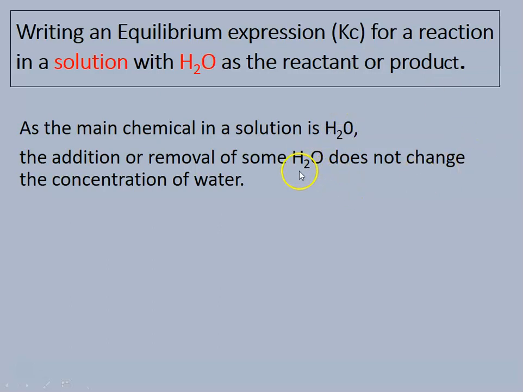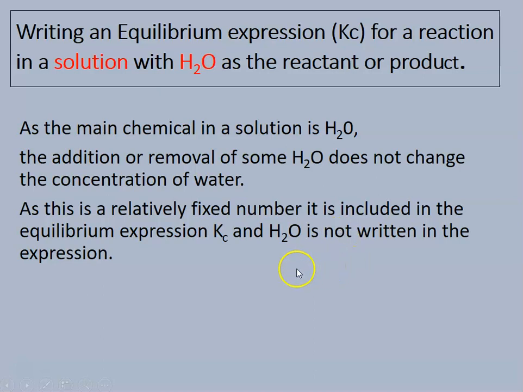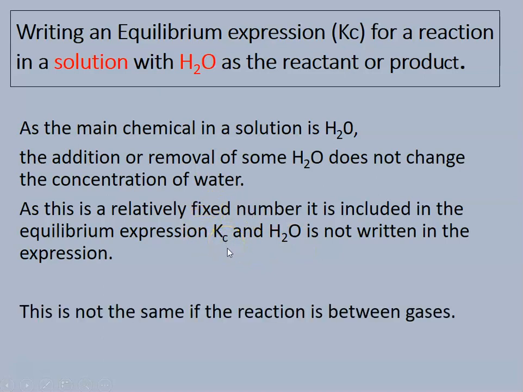But because there's so much, if you added a little bit more you really haven't changed the number of moles of water, or if you remove some you really haven't removed any. So the water concentration is included in this number permanently, and so you don't write it in the expression.